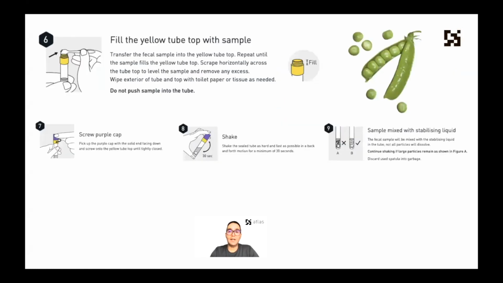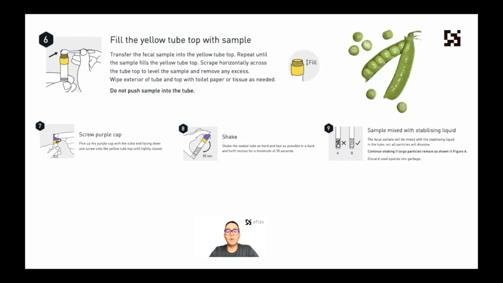And in the meantime, what I wanted to say before I go into the next slide, very, very important, and the key answer to this question: how much poo do you need? So it's about a pea size. The same amount of toothpaste that you would put on your toothbrush. So that is the amount, a tiny amount.